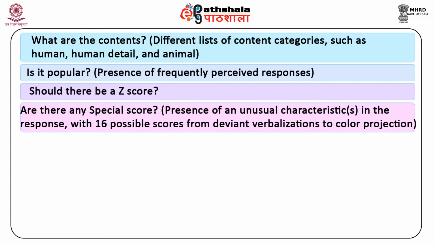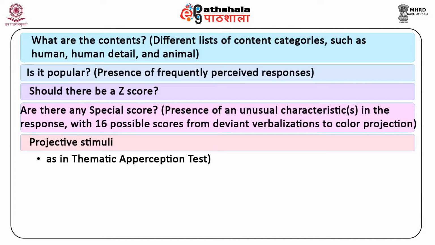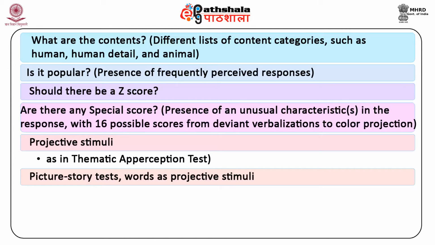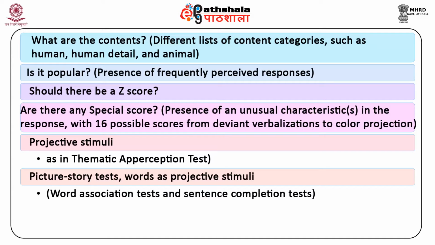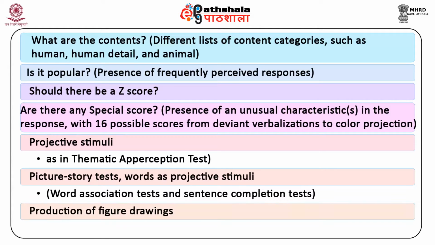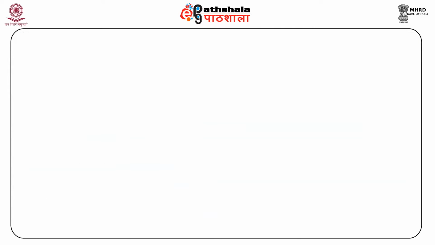The other methods of projective testing include pictures as projective stimuli, as in the Thematic Apperception Test and picture story tests, words as projective stimuli, that is, word association tests and sentence completion tests, and the production of figure drawings, that is, the figure drawing tests.